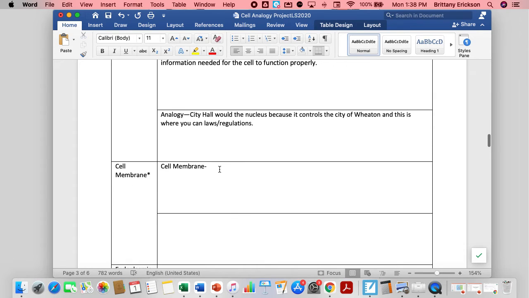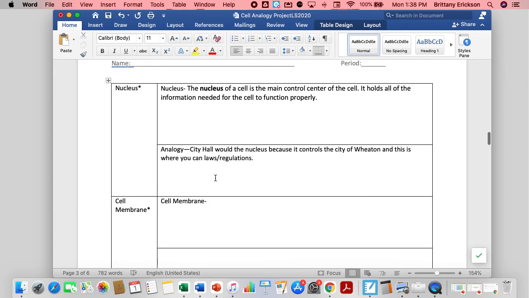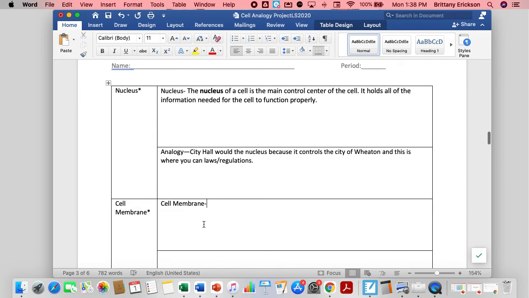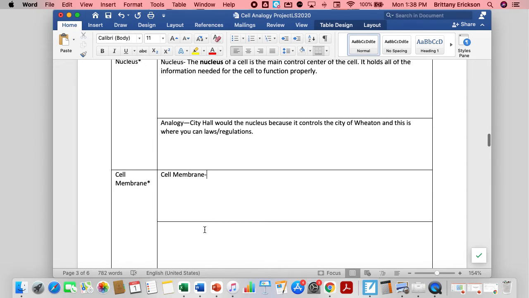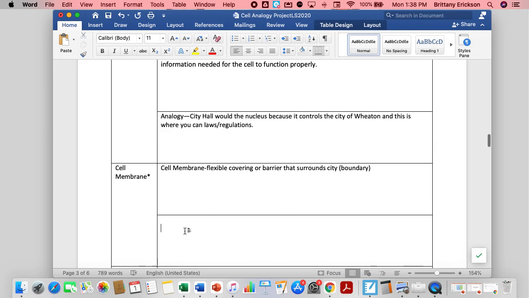So like going back to my example of the city of Wheaton, what would be the cell membrane? Well, the cell membrane is a barrier, okay? It's a flexible covering or barrier that surrounds the cell. Okay, so it's kind of like the boundary of where a cell begins. So what would be my boundary for where the city begins?